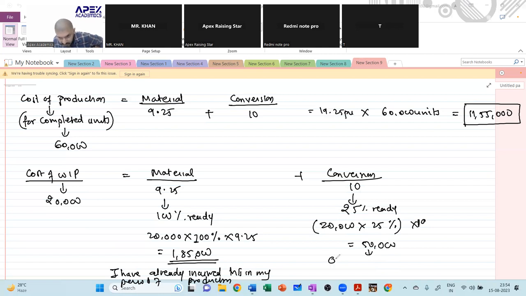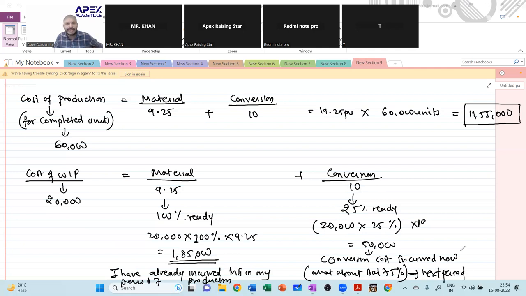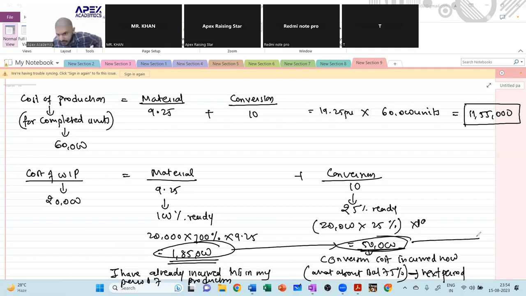This is the conversion cost incurred now. What about the balance 75%? Next period. So in this period, how much on WIP? 185 plus 50, 235. How much? 235.